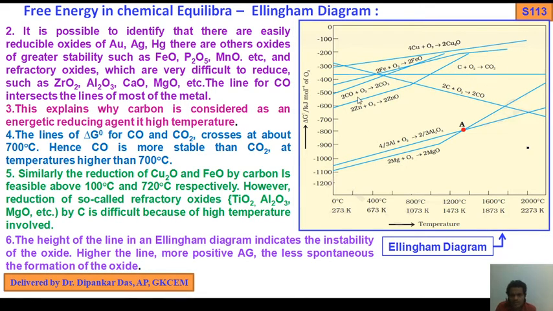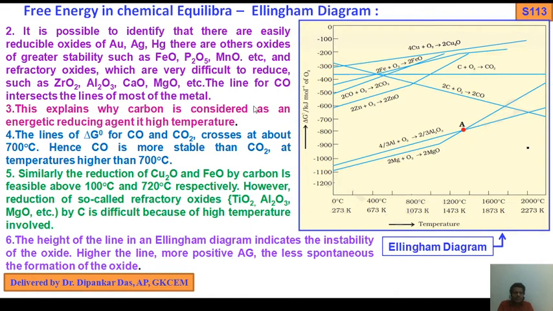This is the CO2 curve. This is the zinc oxide, this is the aluminium oxide, and this is the magnesium oxide. At high temperatures it gains stability, so magnesium oxide is stable at a higher temperature.